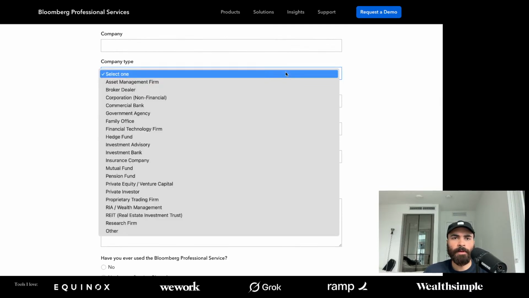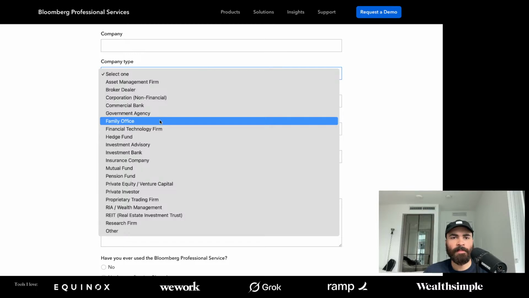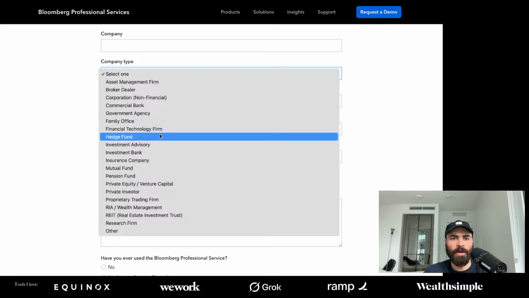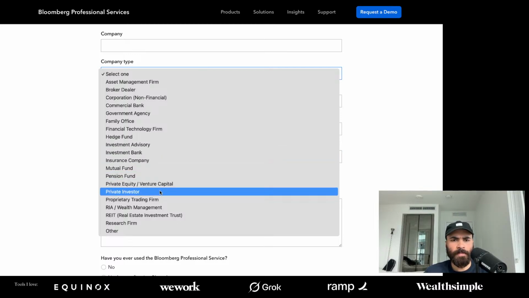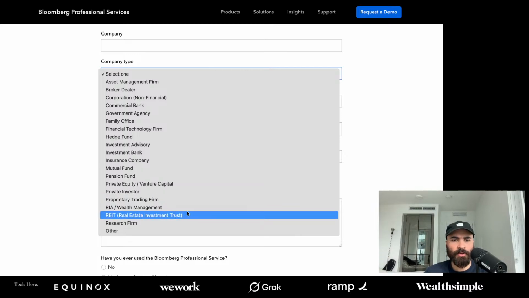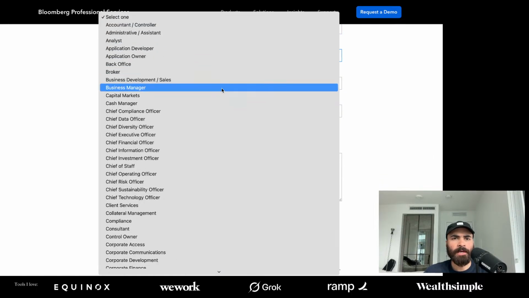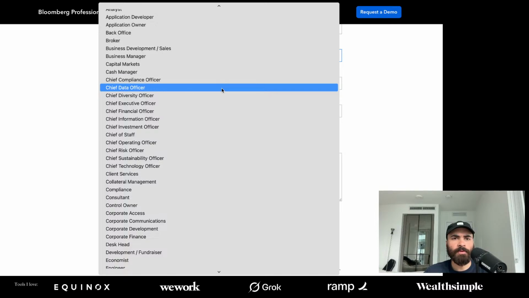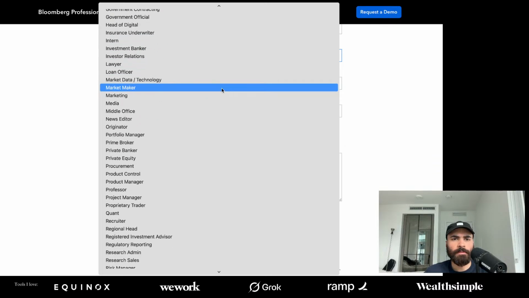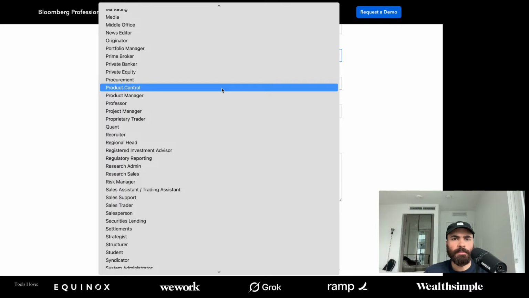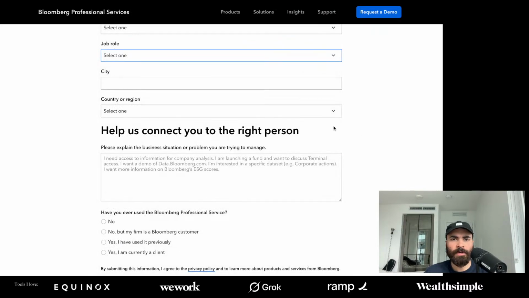Company type. Asset management firm, broker dealer, corporation, commercial bank, government agency, family office, hedge fund, investment advisory, investment bank, insurance company, mutual fund, pension fund, private equity, proprietary trading firm, wealth management, real estate investment trust, job role, accountant, analyst, back office, business development, cash manager, chief compliance officer, head of digital, middle office, product manager, risk manager, syndicator, treasurer, venture capitalist.